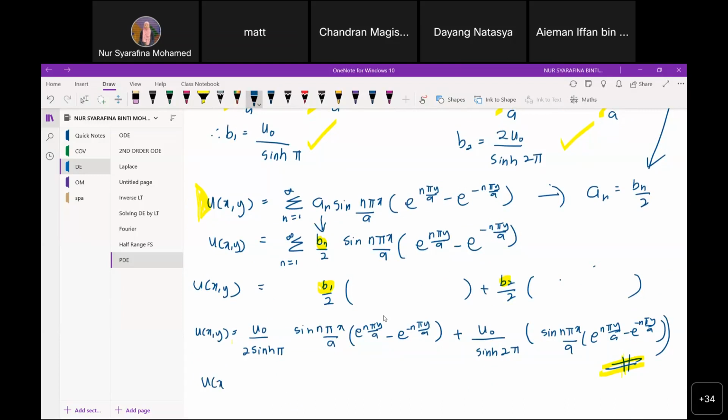So u(x,y) equals u naught, sine n pi x over a, exponent n pi y over a minus exponent minus n pi y over a, with 1 over 2 plus 1.